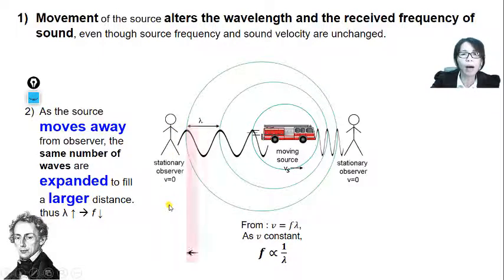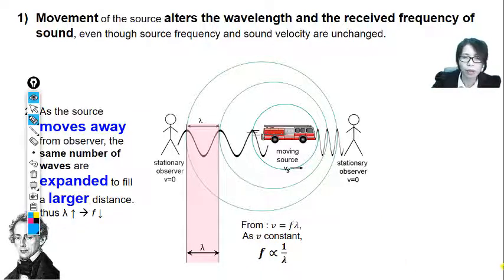So our wavelength is expanded to fill a larger distance. So the wavelength increases. When wavelength increases, our frequency will decrease. Why? Inversely proportional.